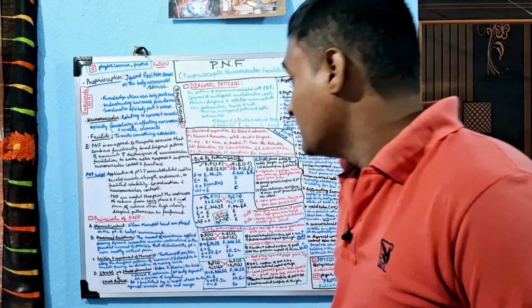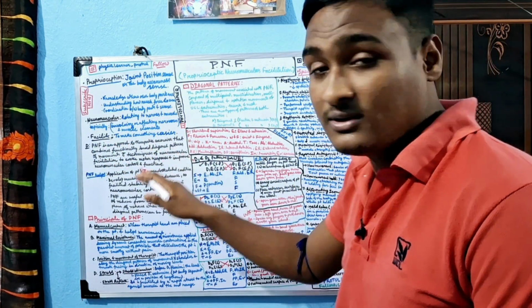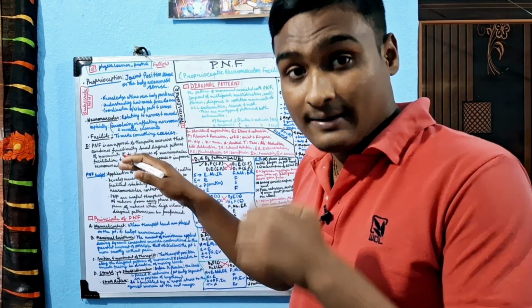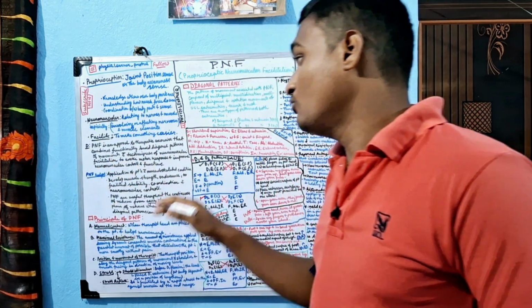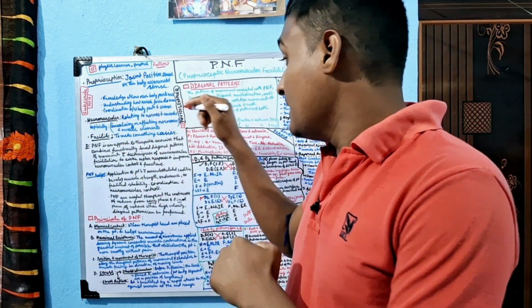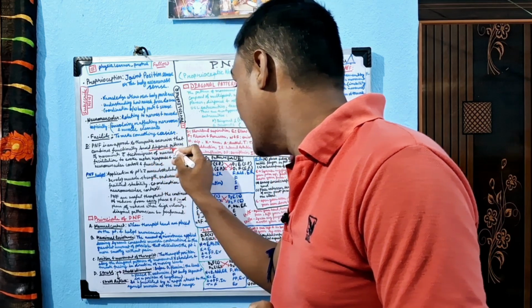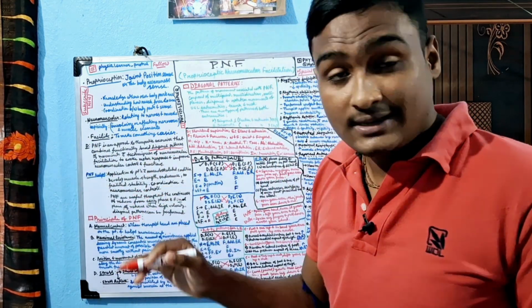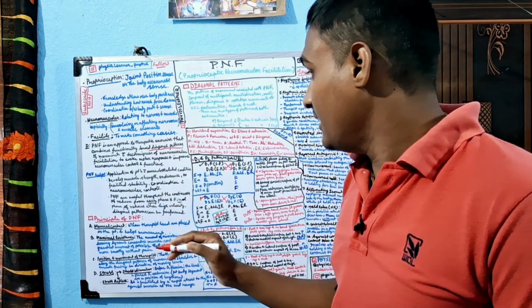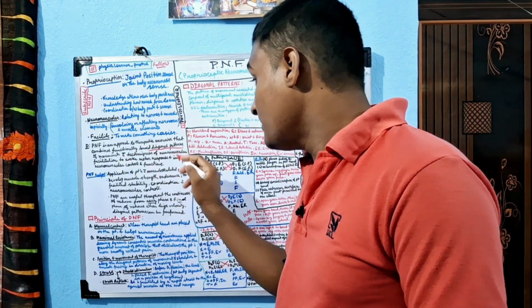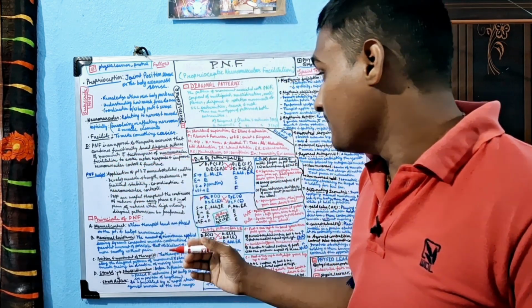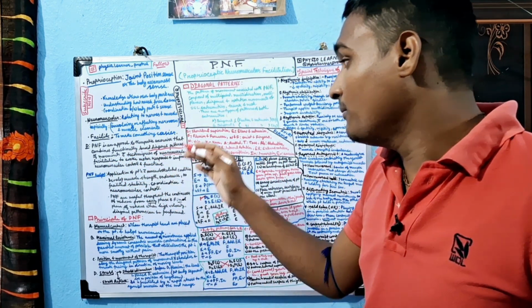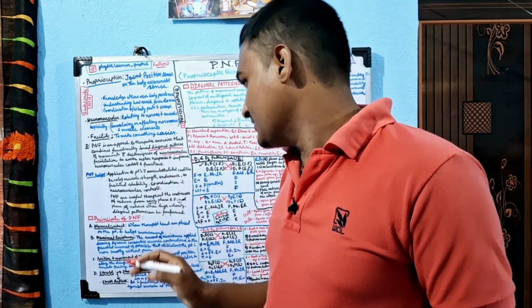What is the definition of PNF? PNF is an approach to therapeutic exercise that combines functionally based diagonal patterns or movements with the techniques of neuromuscular facilitation to evoke motor response, to improve neuromuscular control and function.